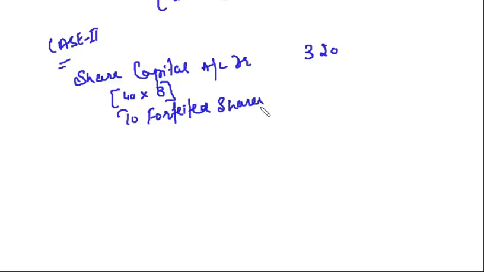To forfeited shares account. The amount that has been received by the company is only the application money. So 80 rupees have been received.